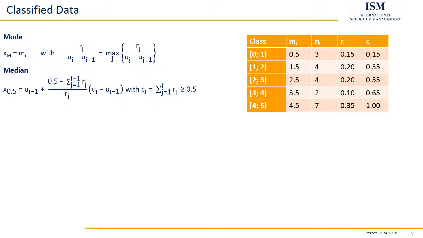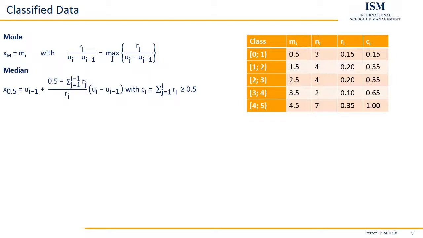So we check the first group, 0 to 1, that's 15%, so it's not larger than 50. And we check the second one, 1 to 2. There it's 0.35, it's still smaller than 50%. Then for the third one, 2 to 3, there it's 55%, so we're larger than 50%. So 2 to 3, that's our median class.